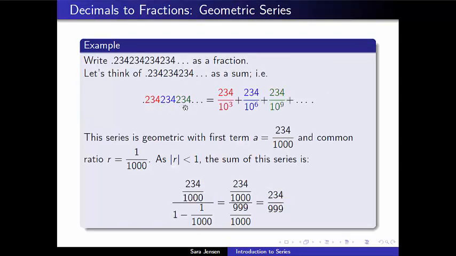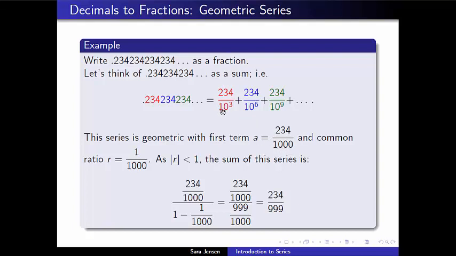Writing this decimal out differently to help us notice a pattern, we start to see things in a way that we're used to for geometric series. We can easily identify the first term in our geometric series as the red portion of the sum that we have right here, 234 over 1,000.